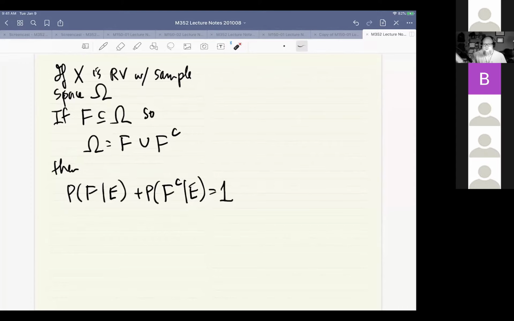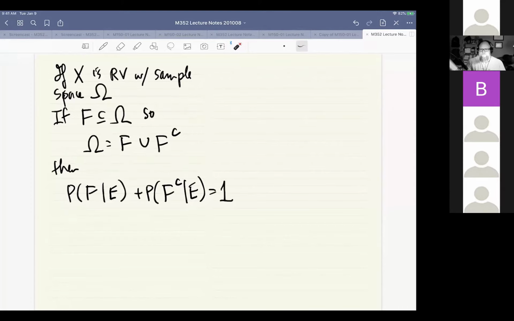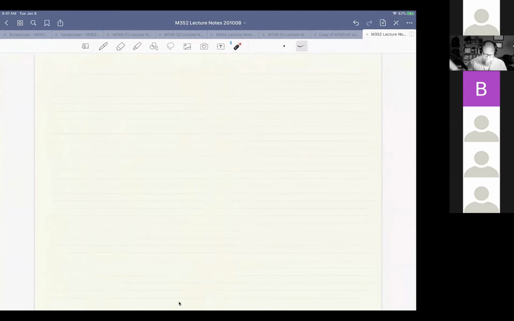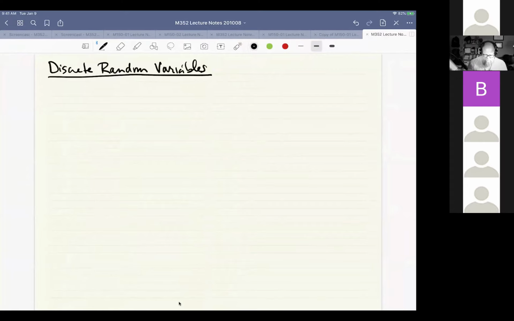So let's talk about random variables. I'm going to talk about discrete random variables here. I'm going to limit myself to this type of random variable, and next time I'll talk about some continuous random variables.